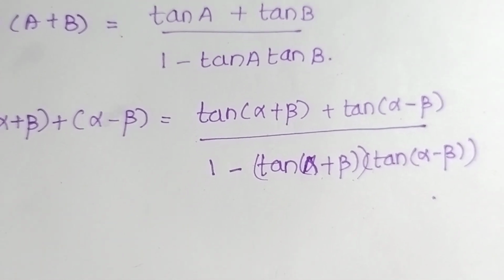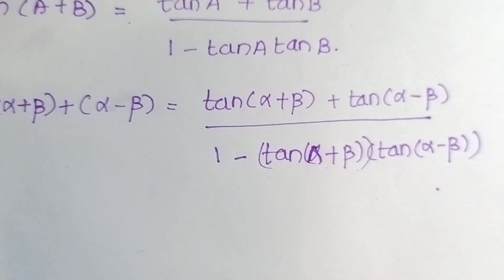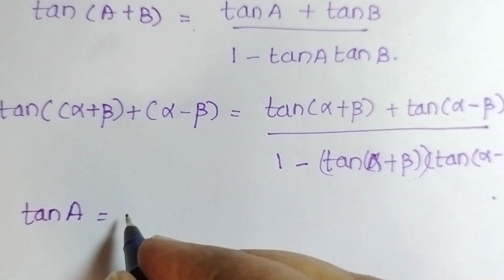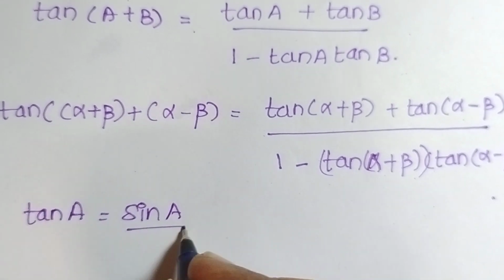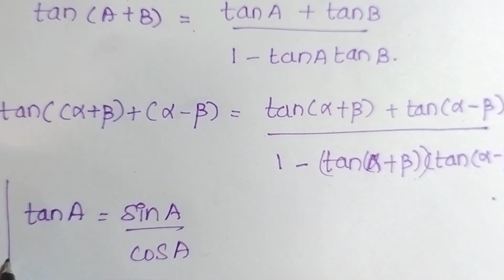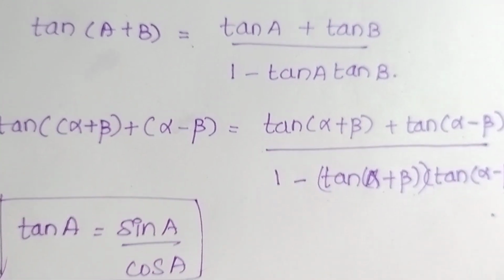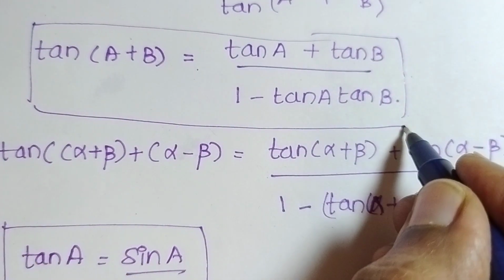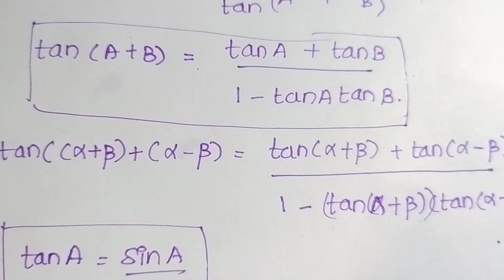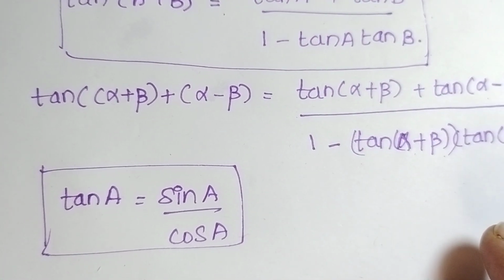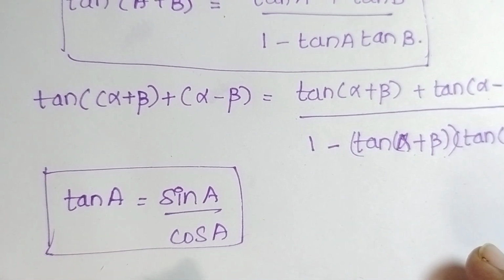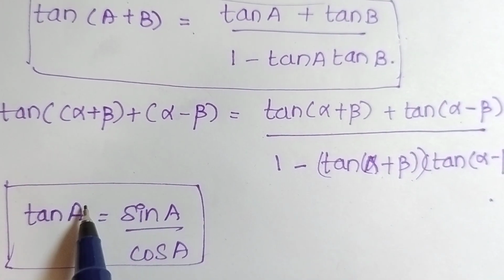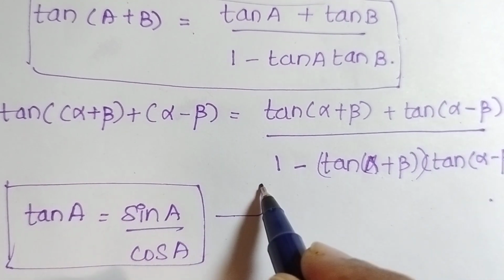Now we know that tan A is equal to sin A by cos A. This is another formula. Substitute this formula in the above equation and rewrite.